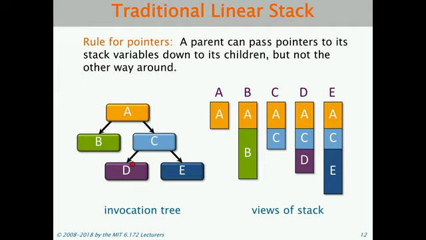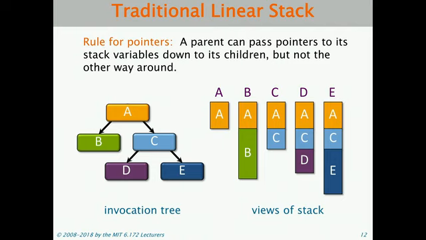So if I call B and I pass a pointer to some local variable in B's stack to A, and then now when A calls C, it's going to overwrite this space that B was using. And if B's local variable was stored in this space that C has now overwritten, then you're just going to see garbage. And when you try to access that, you're not going to get the correct value.